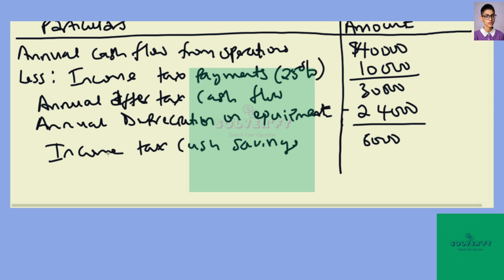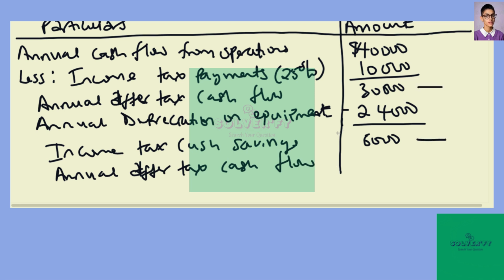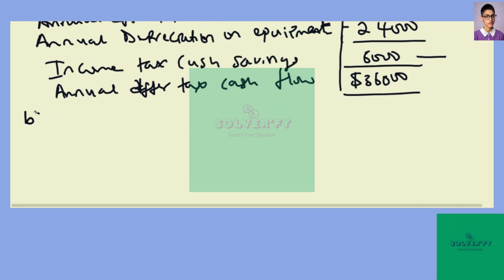And then the total annual after-tax cash flow would be adding these together, which is $36,000. Now that we have this, we can calculate the payback period.